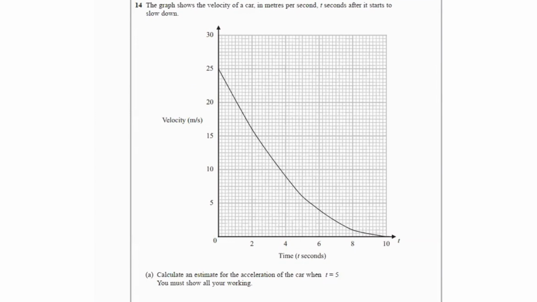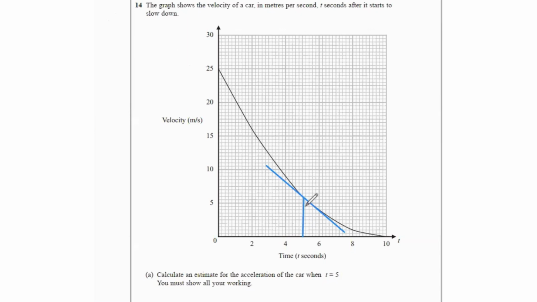So we'll draw a line at t equals 5, then we'll draw a tangent over here and find the gradient of the graph at t equals 5, which is basically the acceleration at t equals 5. The gradient of the tangent and of the graph are the same at that point.